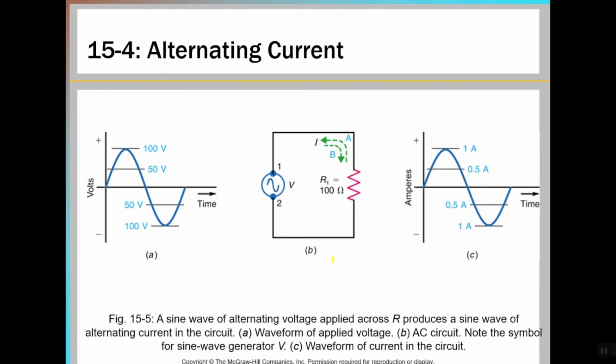Here's how it looks in a circuit. Current is flowing that way and then that way, and vice versa.